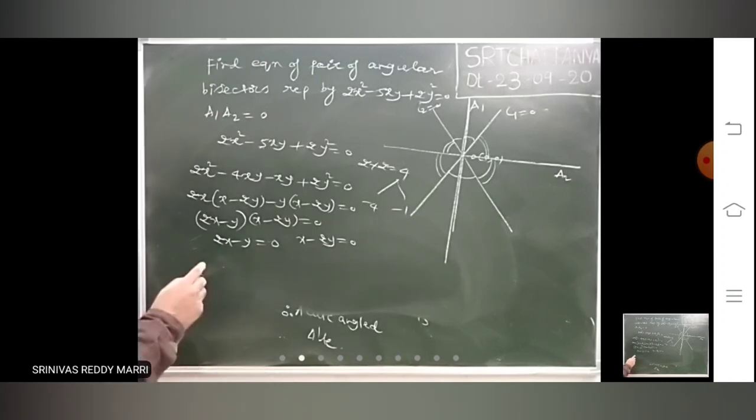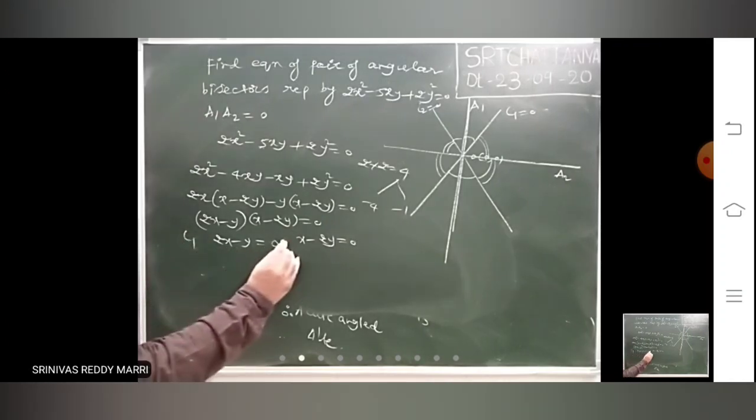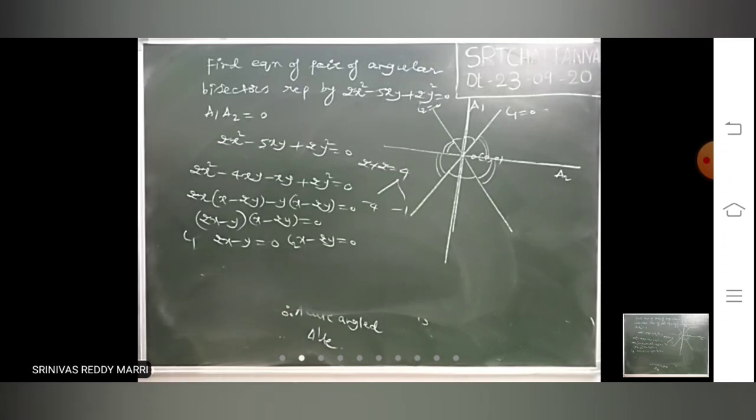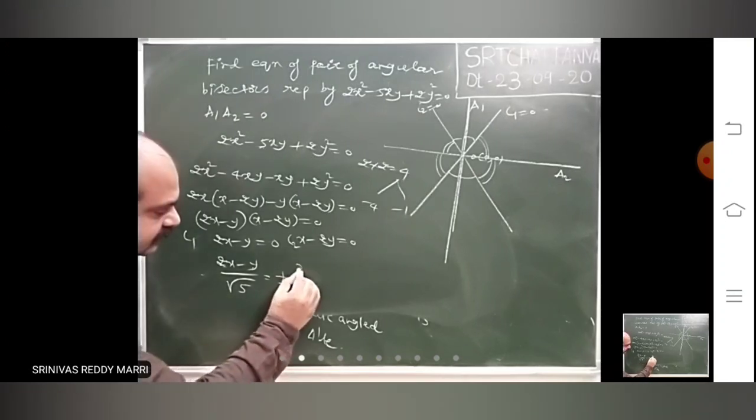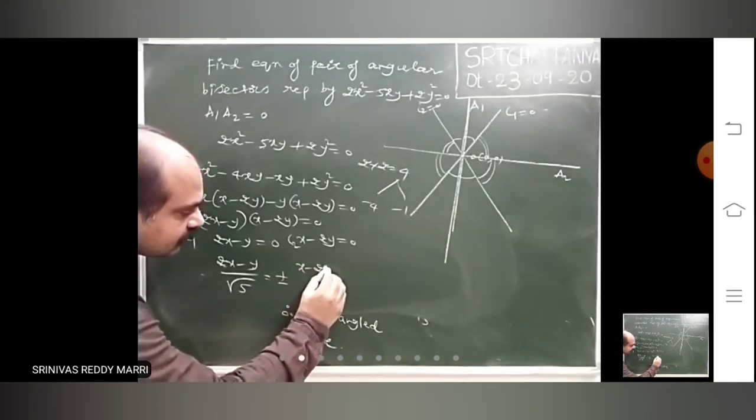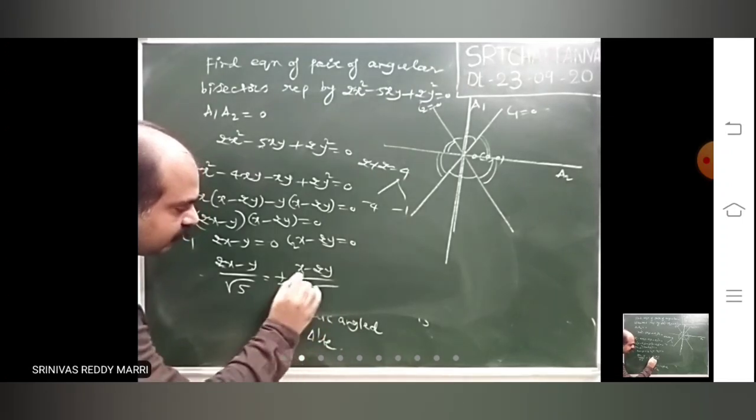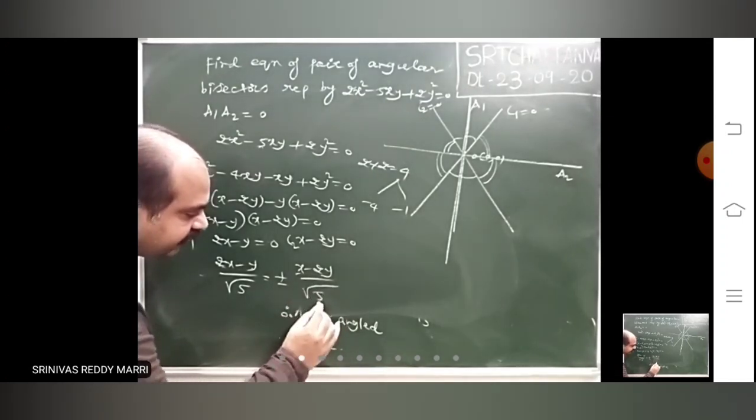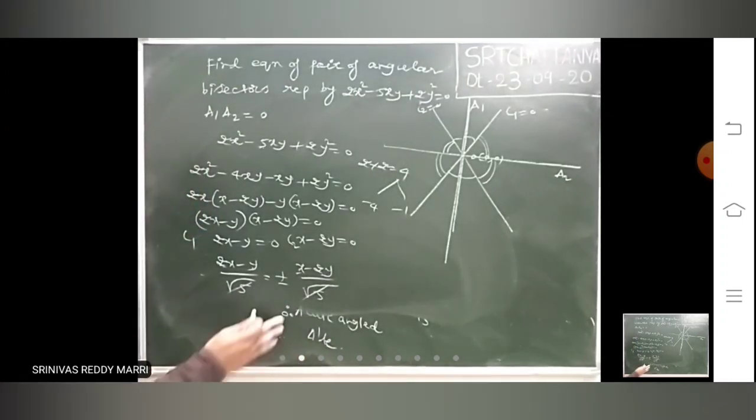So these are the lines. One is L1 and another one is L2. Right? What are the angular bisectors? Divided by root of a1 square plus b1 square equals plus or minus divided by root of 1 square plus 2 square. So root 5 gets cancelled.